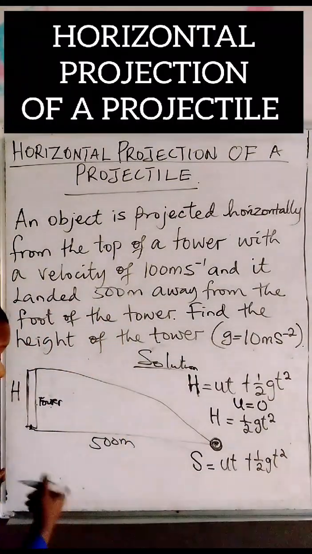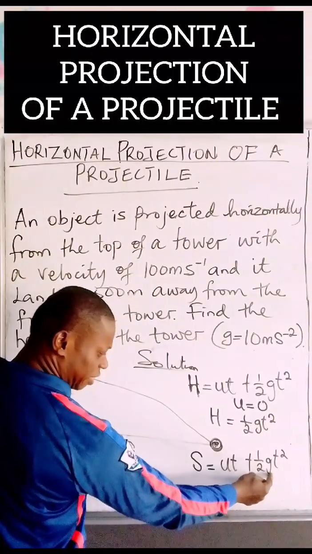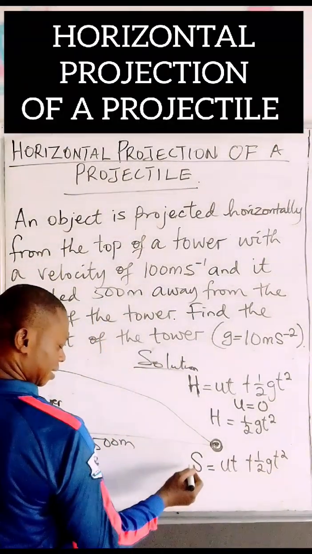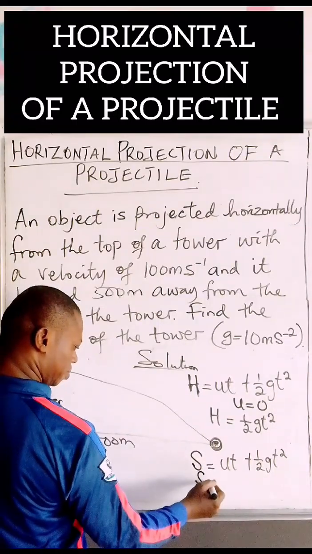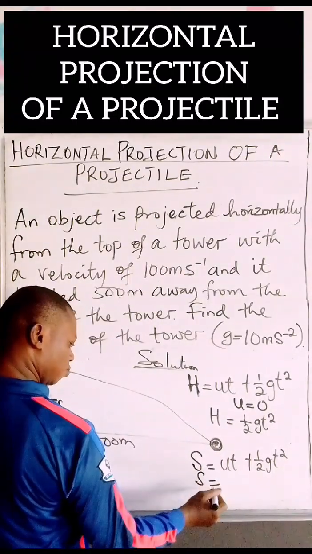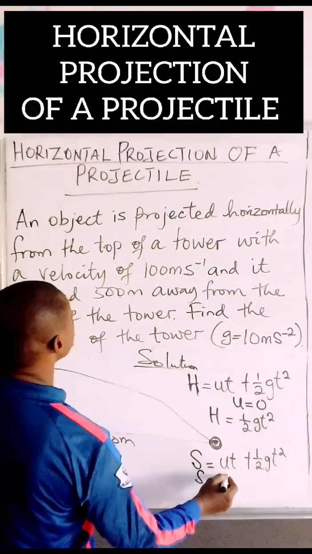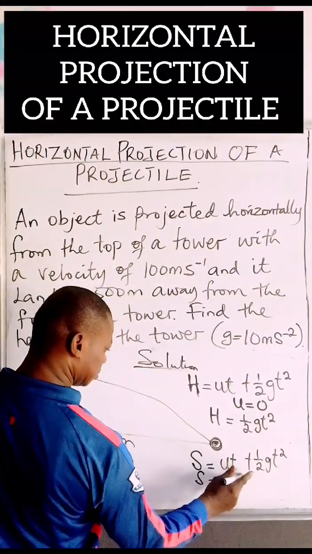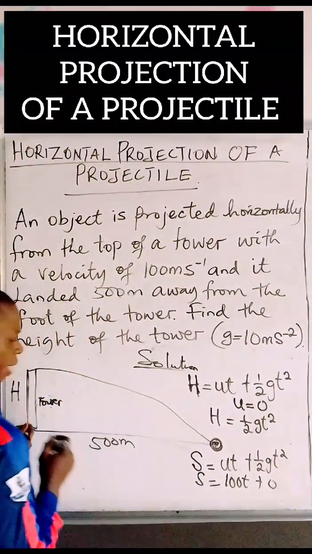Now at this point, the distance from here to here is independent of the acceleration due to gravity, and of course the height will depend on the acceleration due to gravity. So the horizontal distance is the initial velocity times time, 100t plus 0. Right?